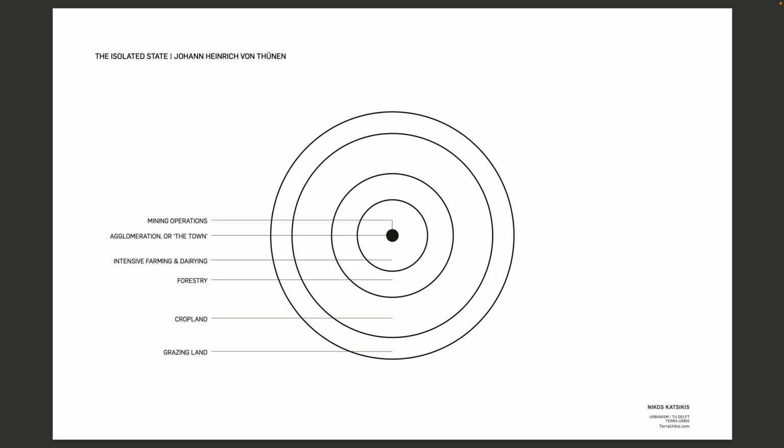It is actually just calculated based on transportation costs. So it is a theoretical landscape, and the spatial logic of the landscape is a result of how much it costs to transport stuff to the town according to how heavy they are, how much land they need, and all these things, right?